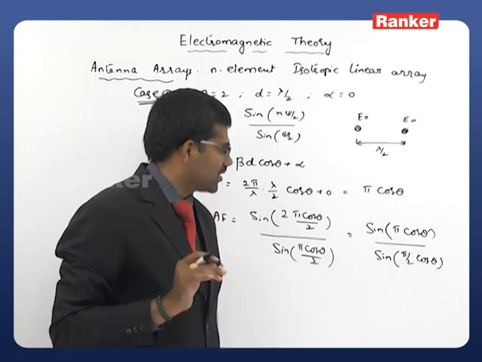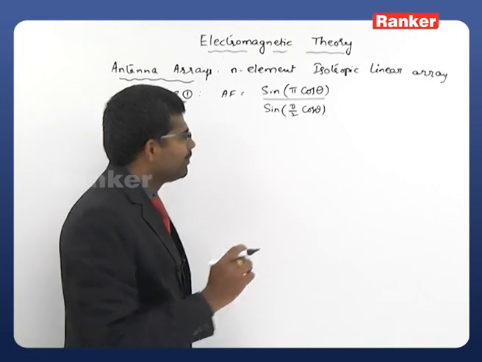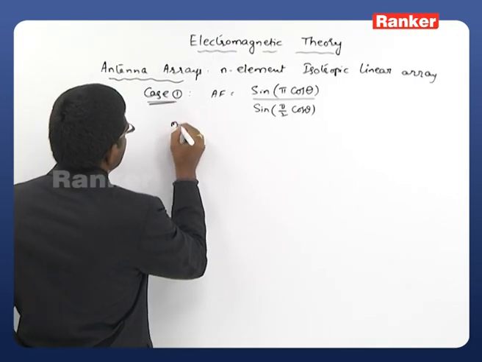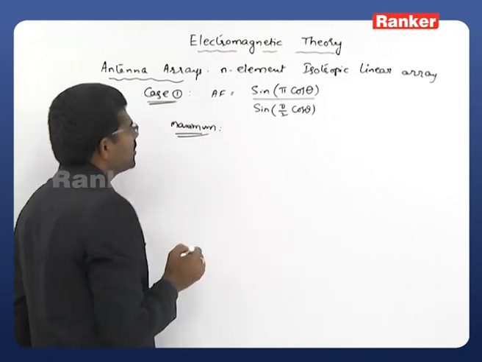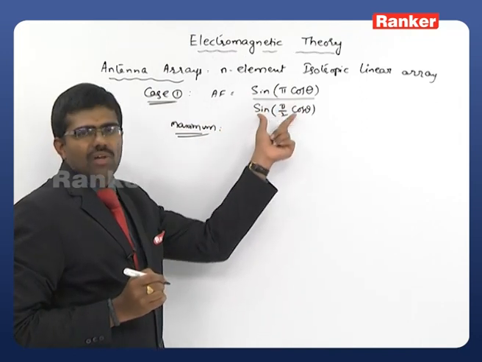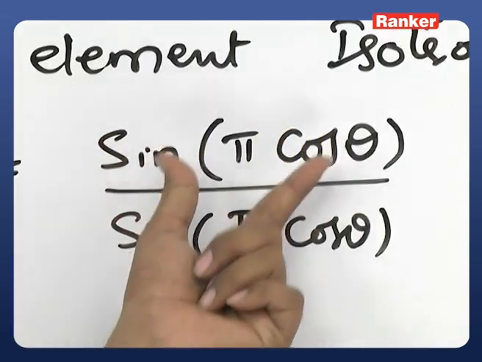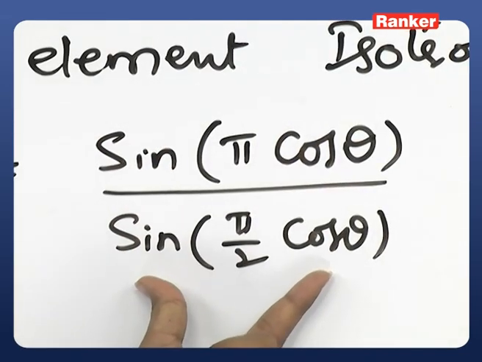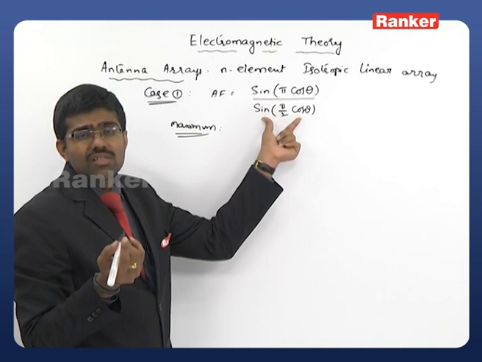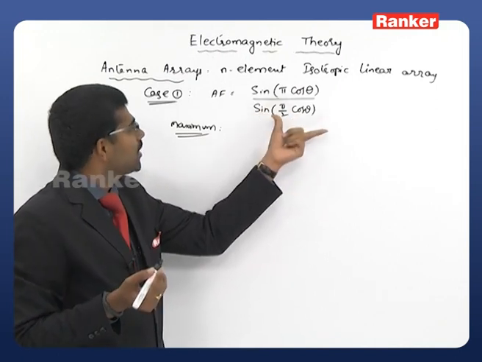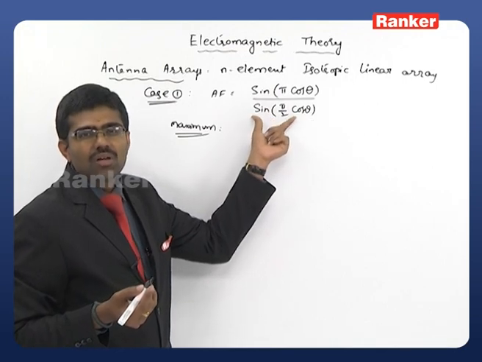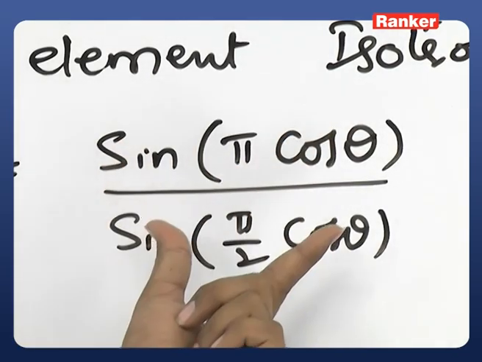So what is the direction of maximum? For the maximum, observe when you get the maximum value for this term. This term is maximum if the denominator is minimum, right? The minimum value of the denominator is 0, since it is a sinusoidal function. If it is 0, you get the maximum value for the array factor.